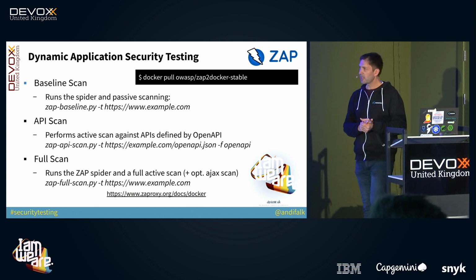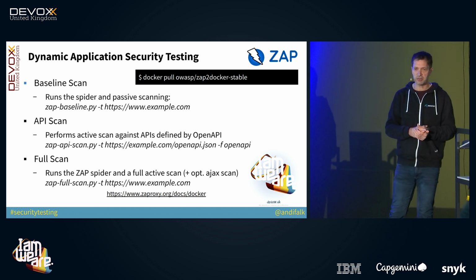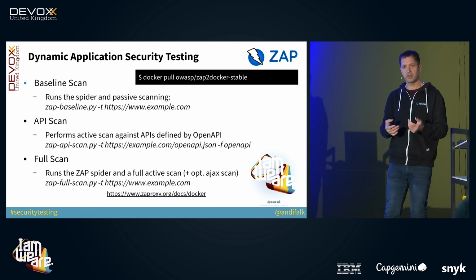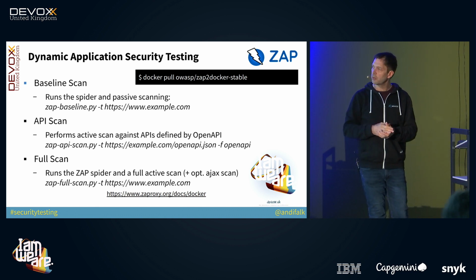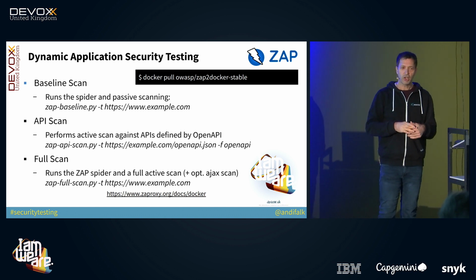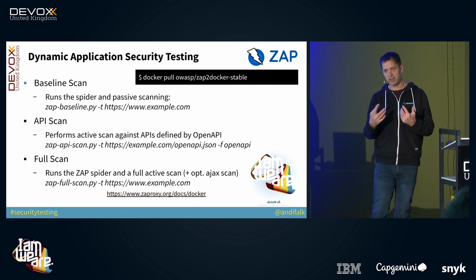With OWASP ZAP, you can also have a container-based scan, which can be put easily into your CI/CD pipelines. There are three variants that you can use. The baseline scan only does some fast passive scans, so this is quite safe.